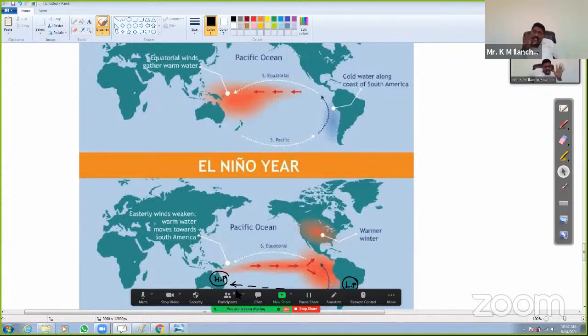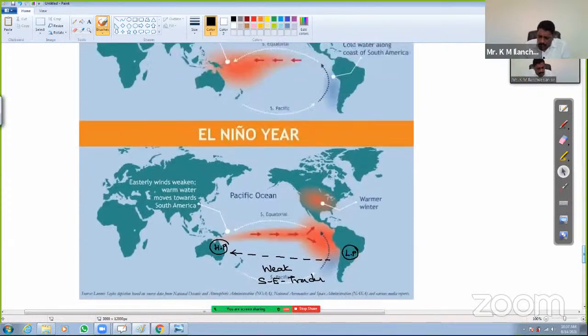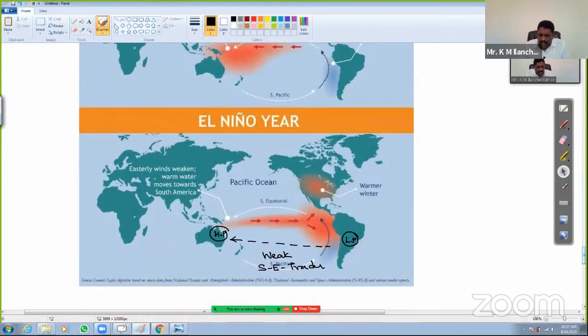Adversely means a negative impact. So my dear friends, we have an idea what this El Nino is, and how it affects the Indian monsoon. If it is a weak southeastern trade, the southeastern trade of the Indian Ocean also becomes weak, so the Indian monsoon also becomes weak.